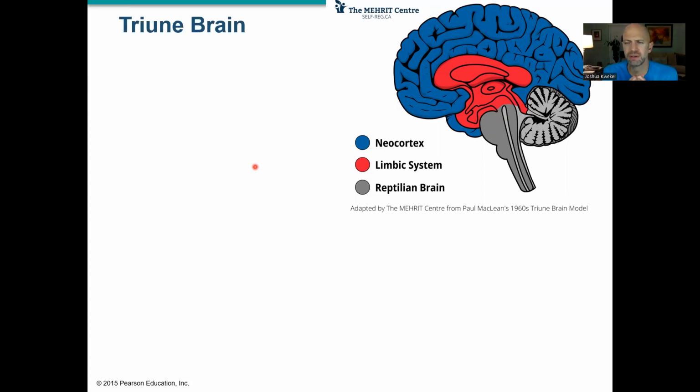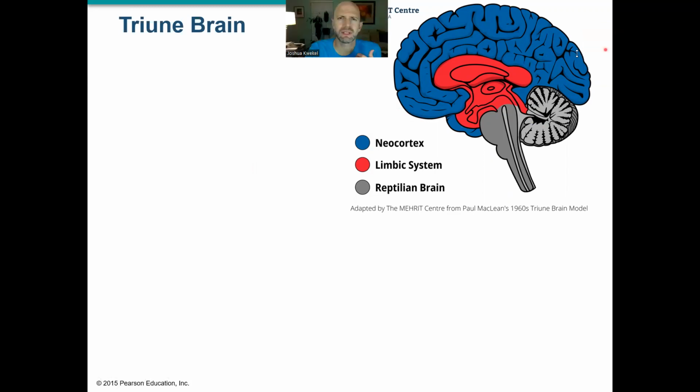And so you might have heard people refer to the reptilian brain or the mammalian brain or the human brain. There's three general parts or regions in the brain that are referred to here. In the gray, in that diagram, is referred to as the reptilian brain.